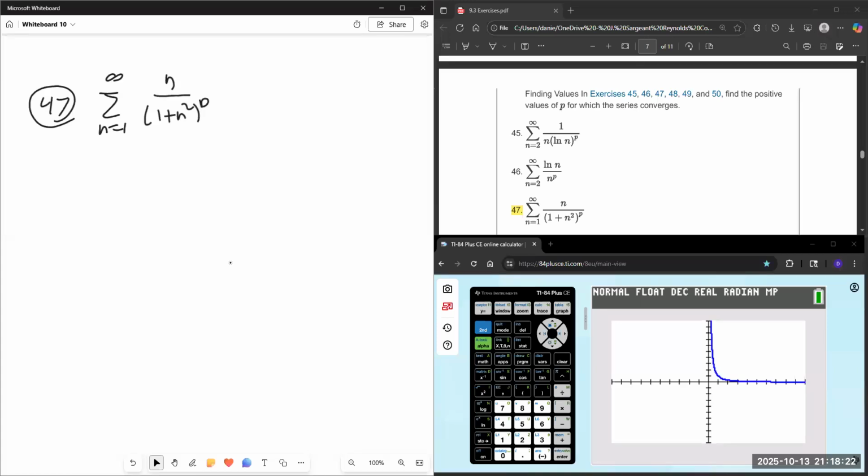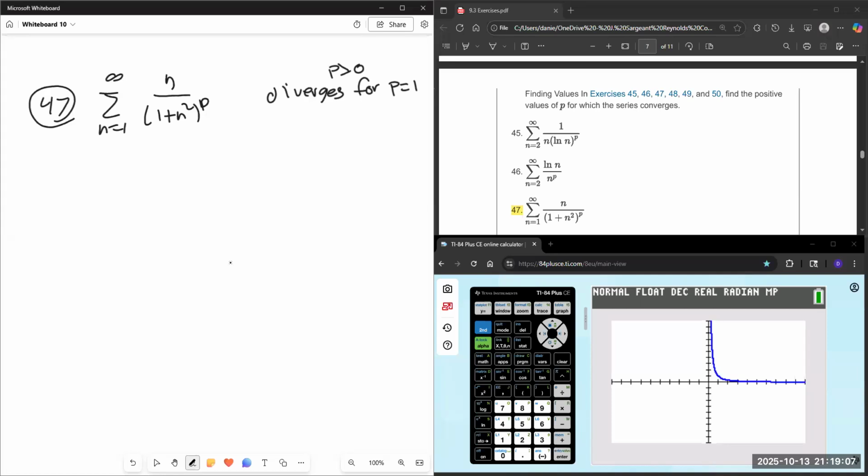We would have a problem if p is equal to 1, because we would end up with a natural log here, since we would have du over u, and we've seen with the natural log problems that when I take ln of infinity, I get infinity. So it will diverge for p equals 1. And I know by definition, p has to be greater than 0. And I'm going to skip p equals 1.